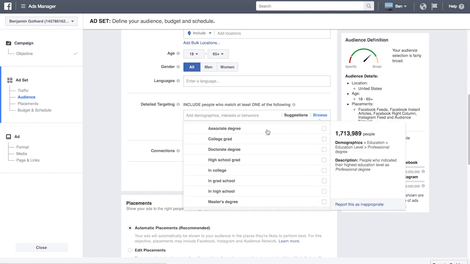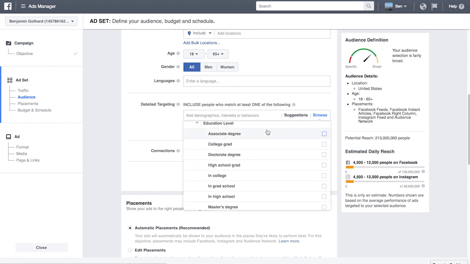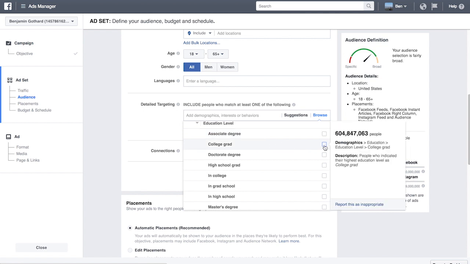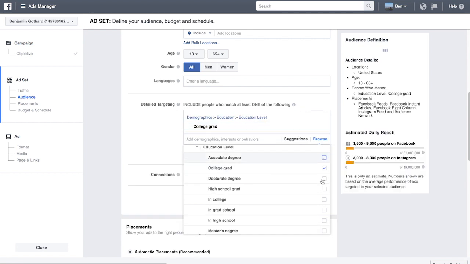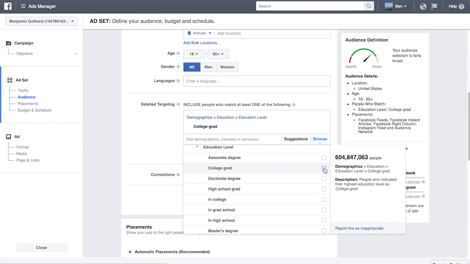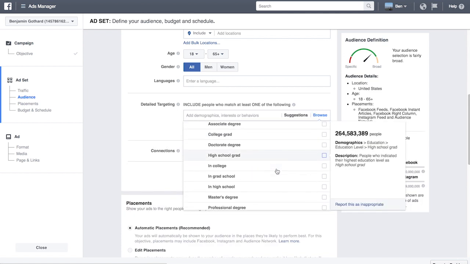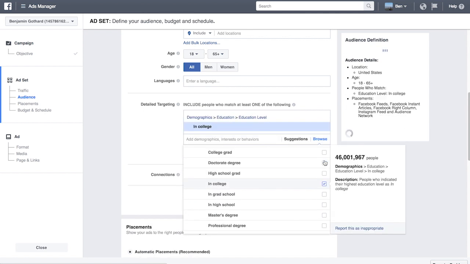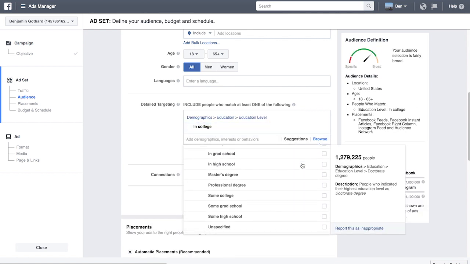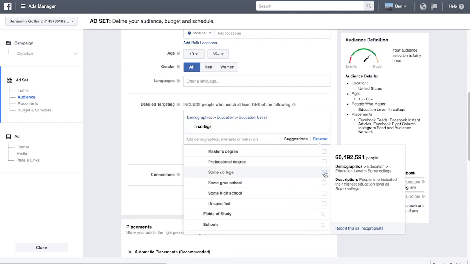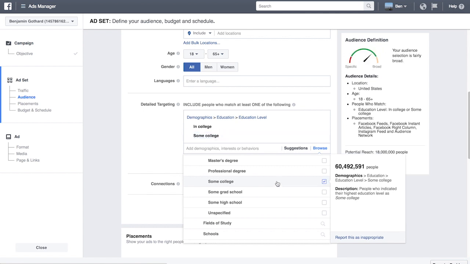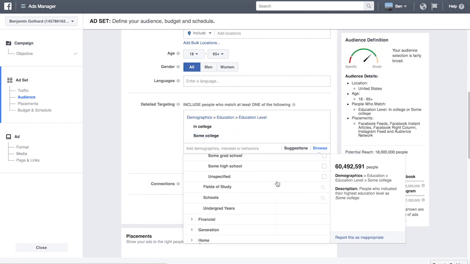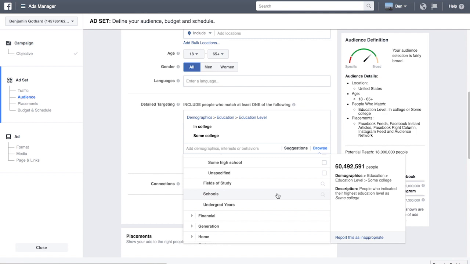And so if you were, let's go back to that example of a resume writer, you would probably target college grads, or, not college grads. You would want to target people who are in college, or people who've had some college, and you might pick schools that are around you.